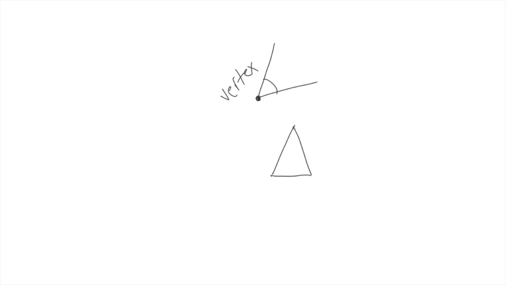In this case, there's going to be 1, 2, and 3 vertices corresponding to the 3 angles and the 3 sides. So other shapes will have other amounts. For example, a square would have 4 vertices, so on, so forth. So vertices essentially are the corners.